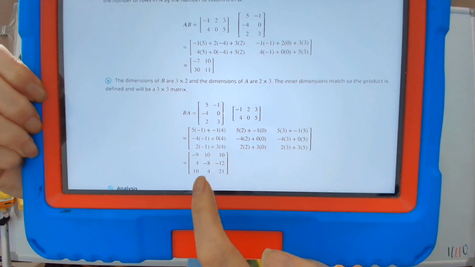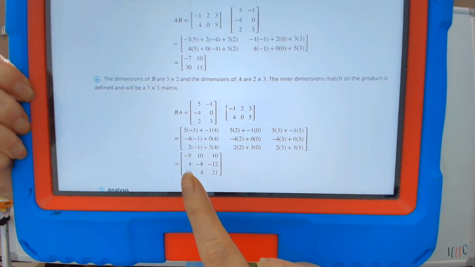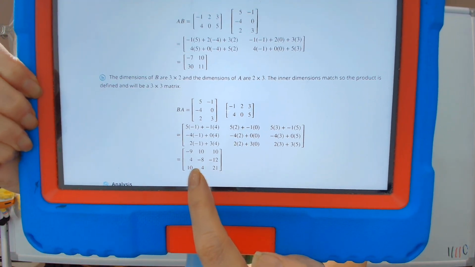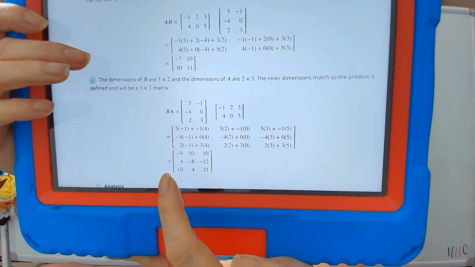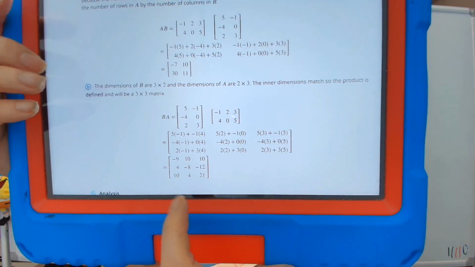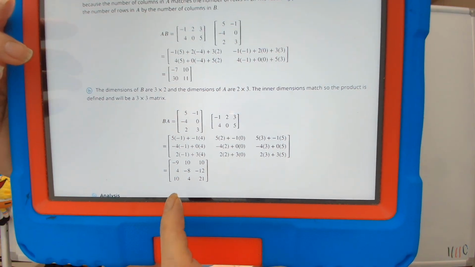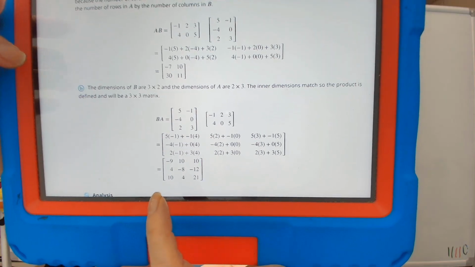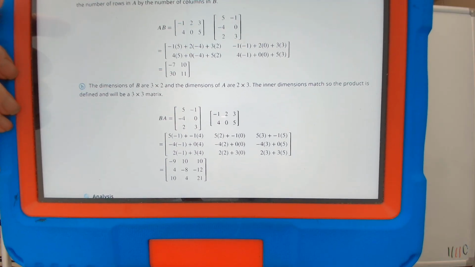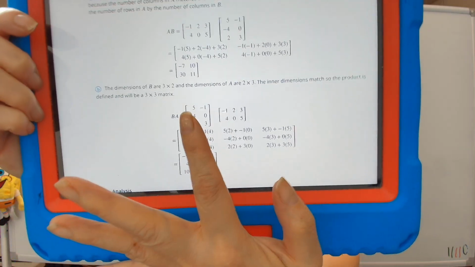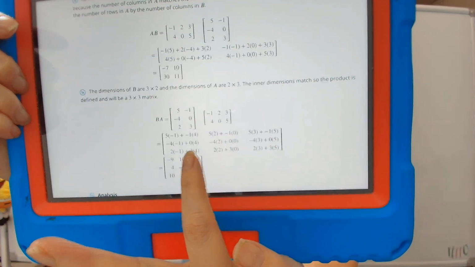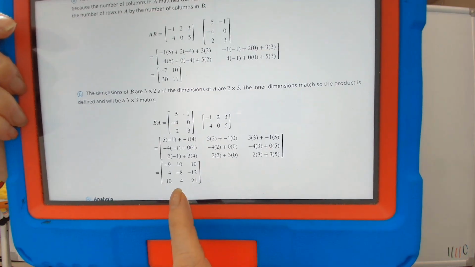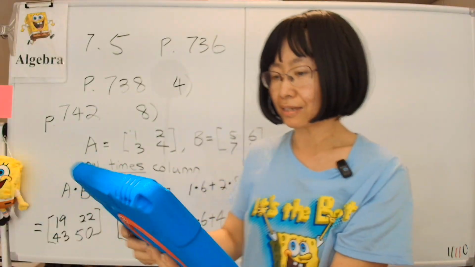So your math comes out completely different. Not only that, even your resulting matrix is a different dimension, because the other one became a 2 by 2, and this one turned out to be a 3 by 3. That's just how it works out, because you're following the rule called row times column. You take each row, multiply by each column, and write down the answer, and you keep doing that until you come up with something like this.